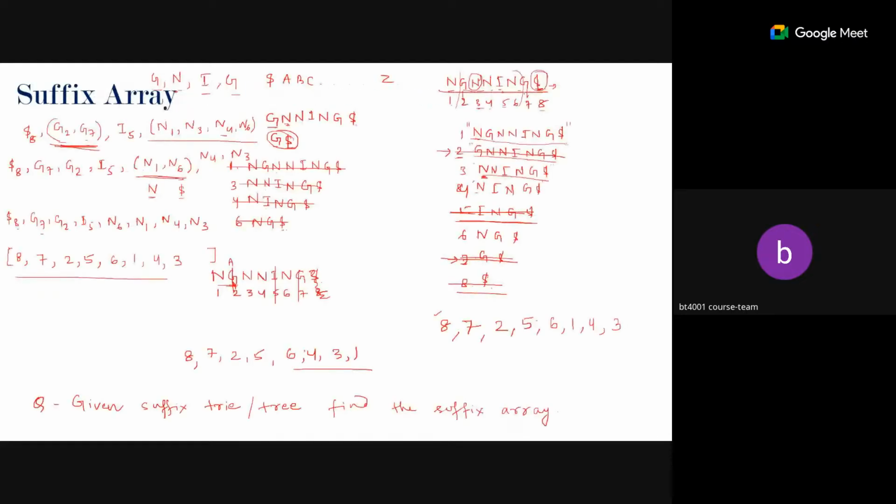Okay, now we'll go to the Burrows-Wheeler transformation. We have N, G, N, I, N, G, dollar.